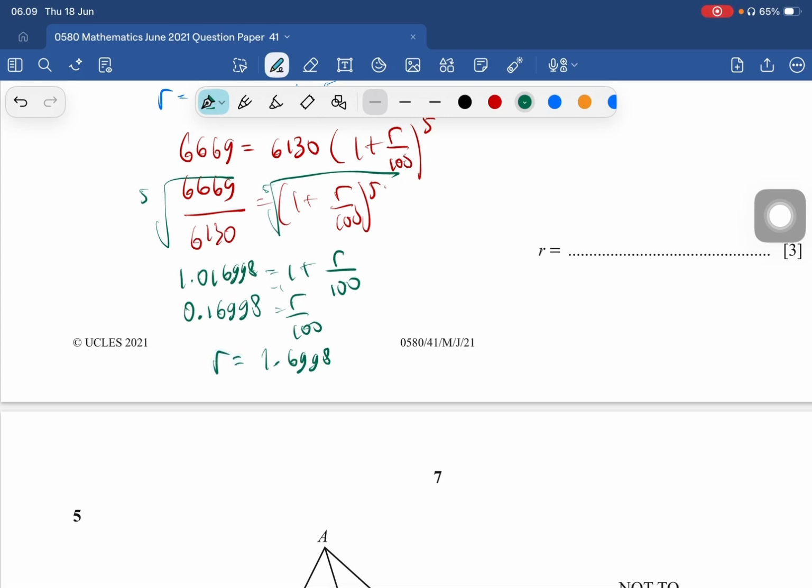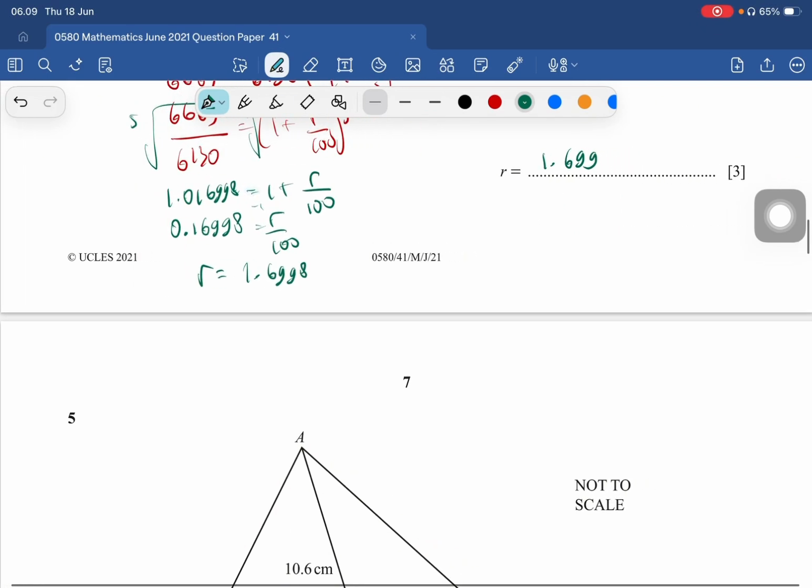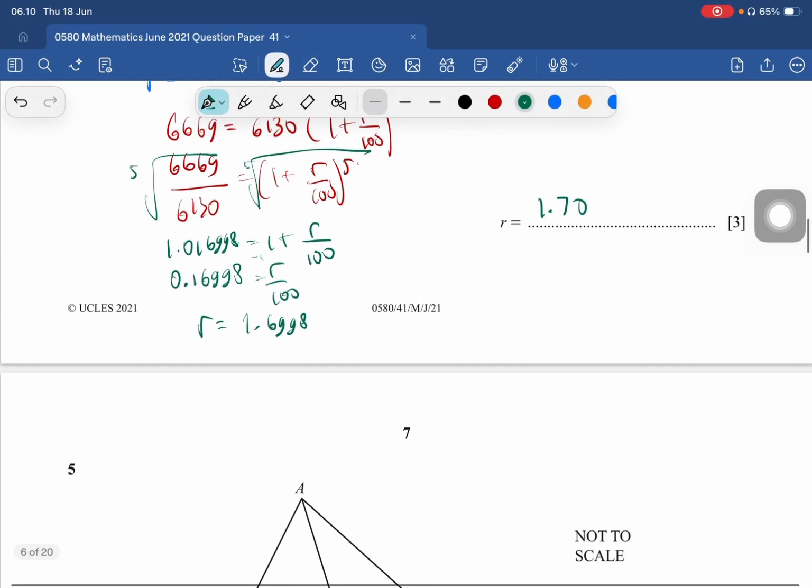The value of R is 1.699, or here you can just correct it to three significant figures, so it's going to be 1.70. Okay, there it is. Thank you.